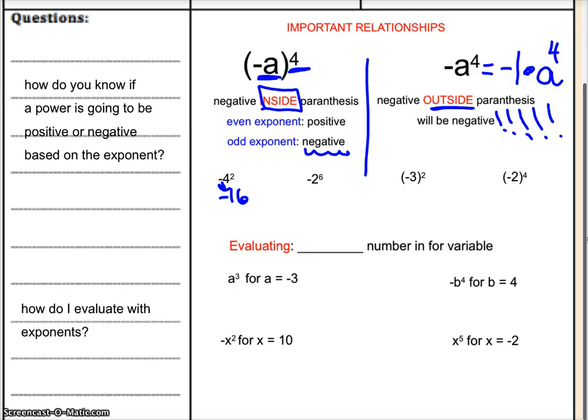Okay, negative 2 to the 6 is going to be 2 to the 6, which is 2 times 2 times 2 times 2 times 2 times 2, and negative 1 times it, because it's not in parentheses. So 2 times 2 is 4, 8, 16, 32, 64, make it negative. Negative 64.